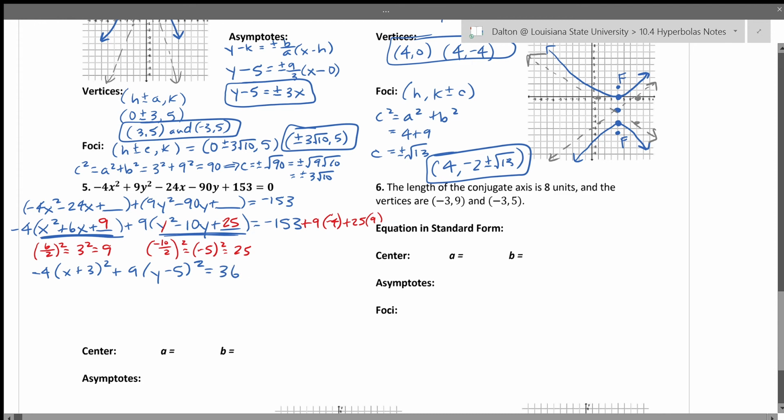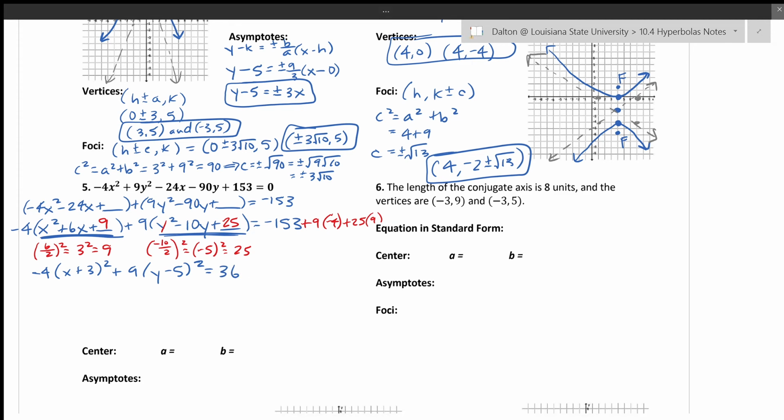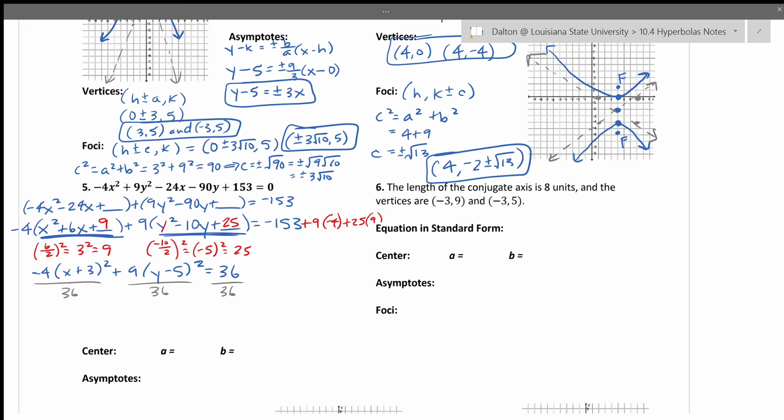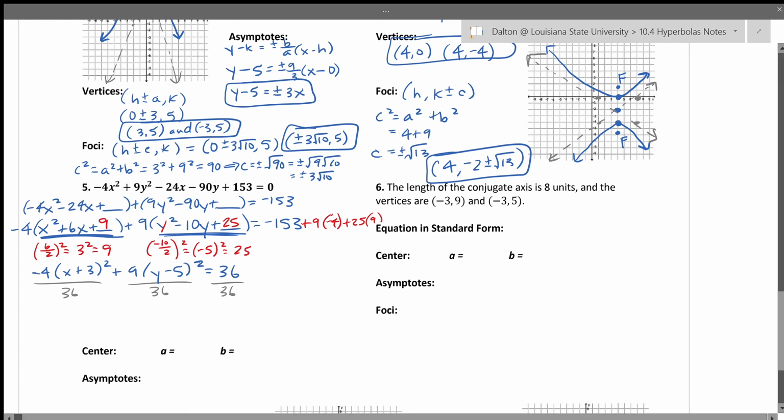Now, you're almost there. Hyperbolas also have to equal 1. So in order for that to happen, I need to divide the right side by 36. Whatever I do to the right side, I've got to do to everything on the left side. Okay, since my x is negative, I'm going to switch both of those terms.